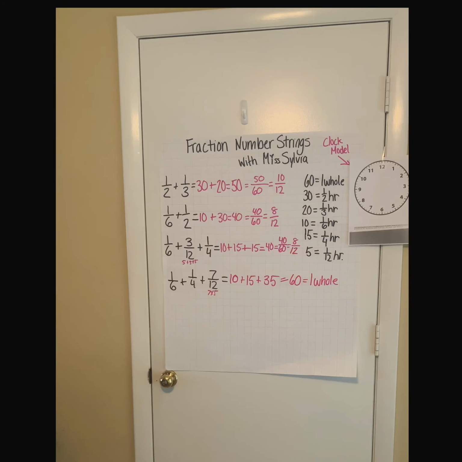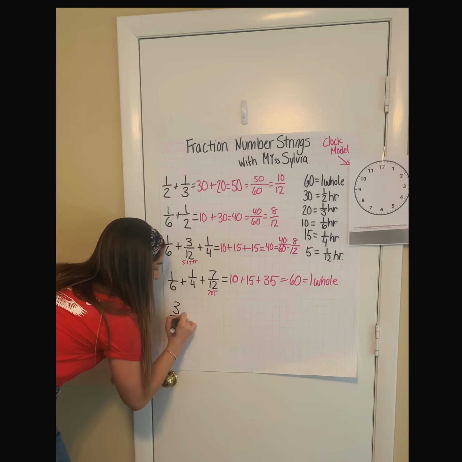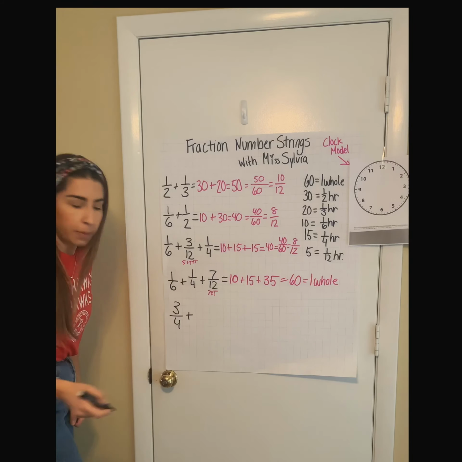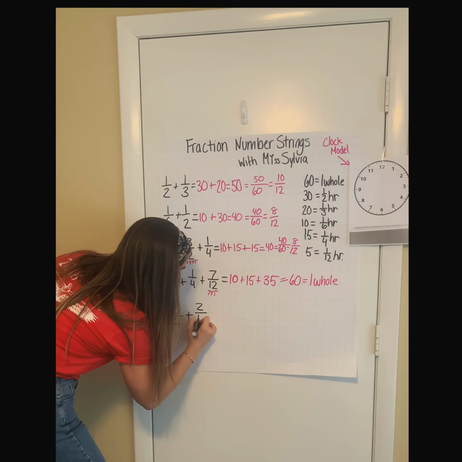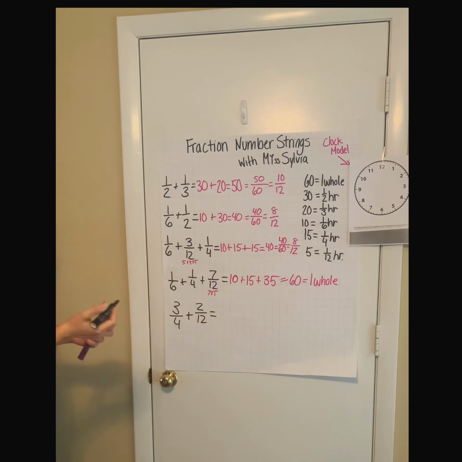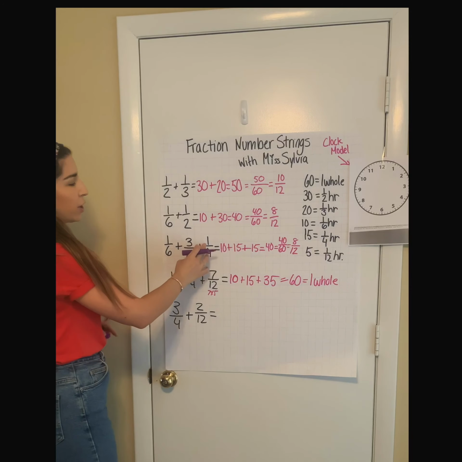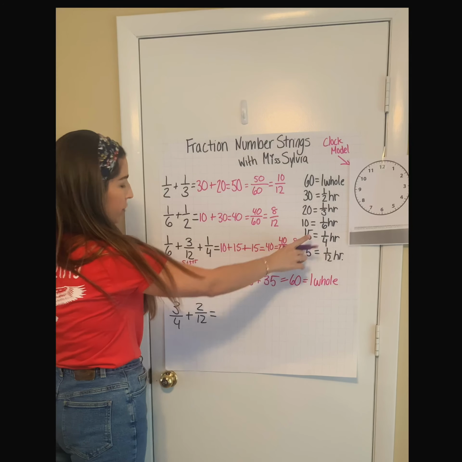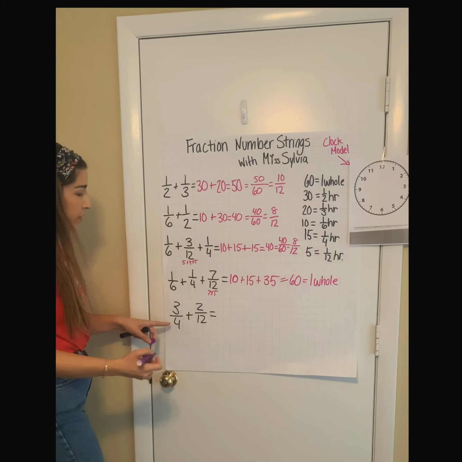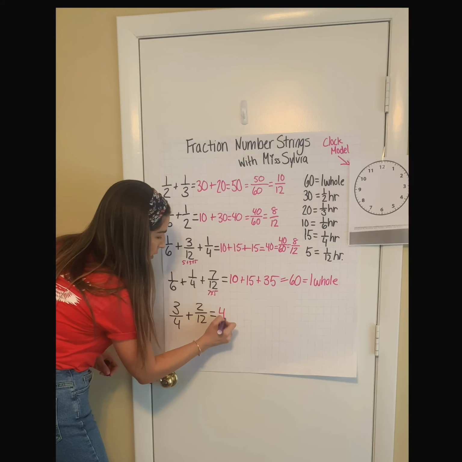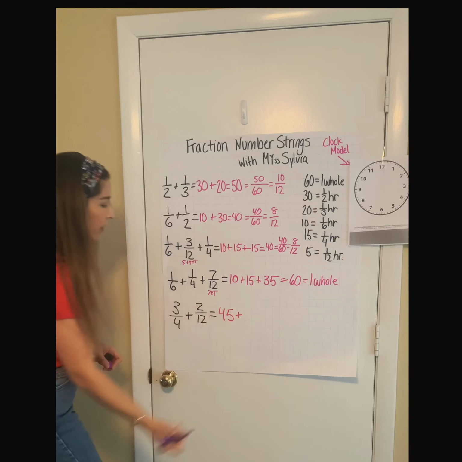And for our last problem today, 3/4 plus 2/12. Go ahead and pause it here. Try and use what we know about the clock model to solve this one on your own, if you haven't already. So 3/4, if we know that the unit fraction 1/4 is equivalent to 15 minutes, 3 groups of 15 will be 45.